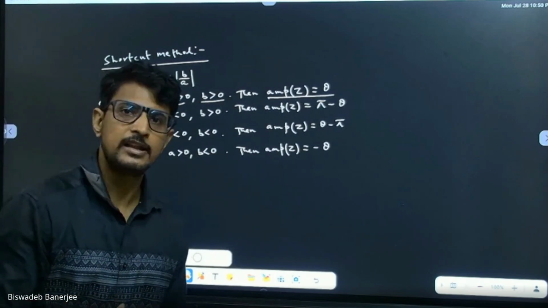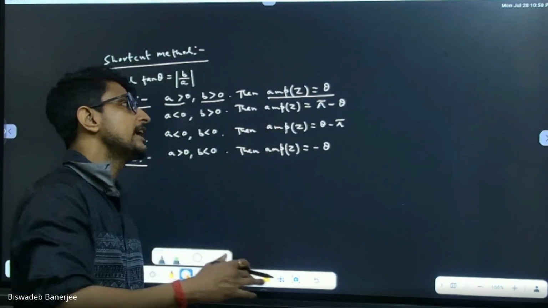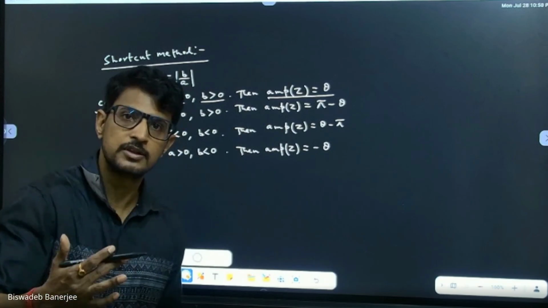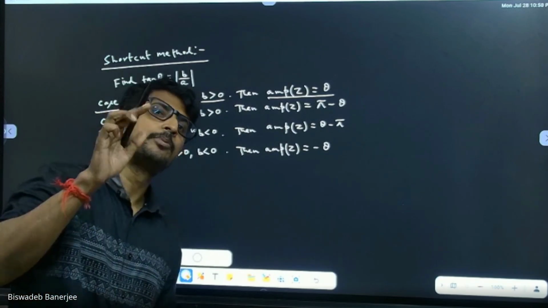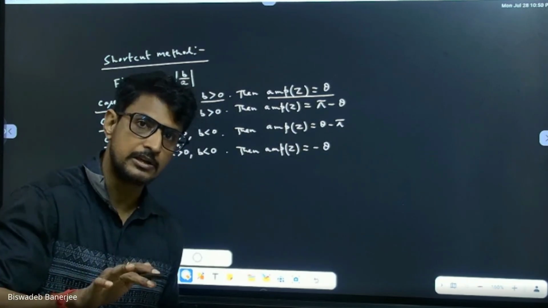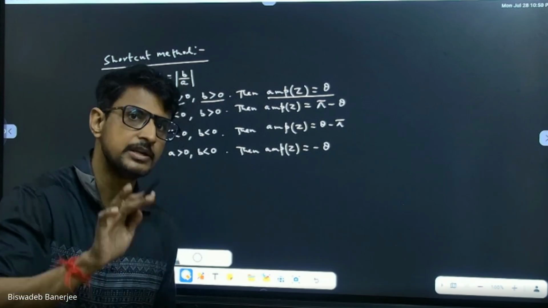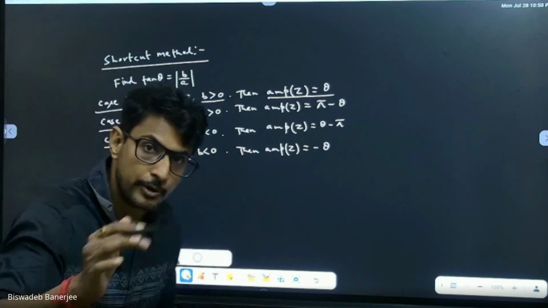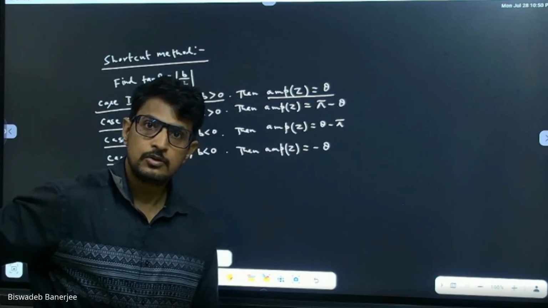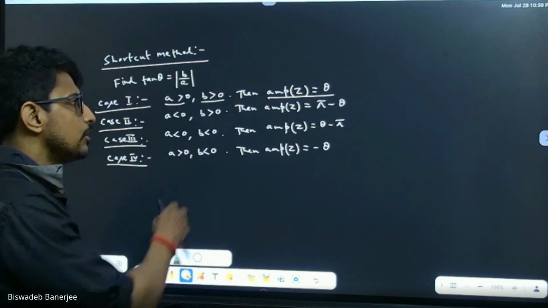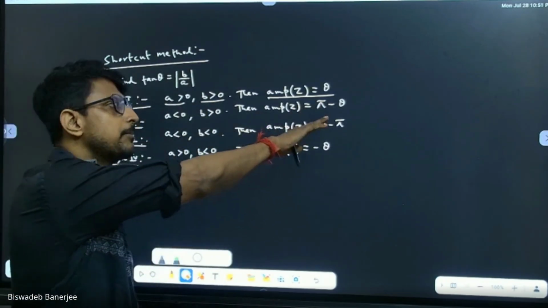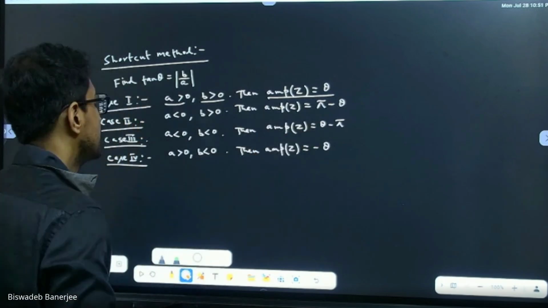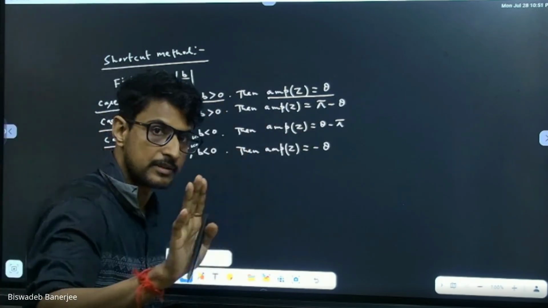This shortcut technique has been prepared by considering the fact that my principal amplitude must lie between minus pi and plus pi. This shortcut technique is also helpful, but please don't apply this in exam paper. You can apply this in competitive exam.